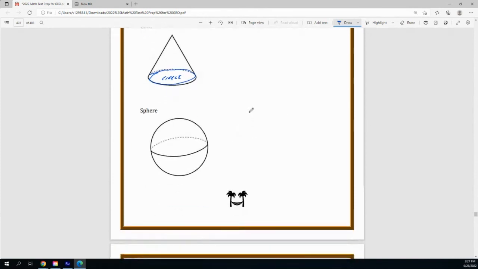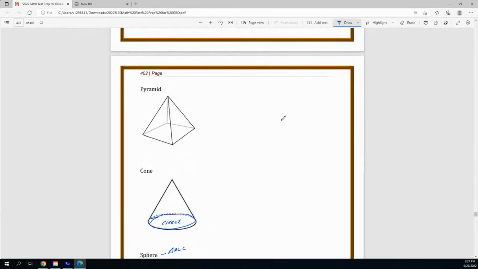Then you have another word, sphere, and its idea is like a ball or a globe. You are definitely looking at a circle. You see how they have that in there? So there is definitely going to be some circle attributes to this sphere. Again, when you see something like this, a lot of times we're talking about volume. When these 3D shapes come up, a lot of times the questions will be about volume itself.